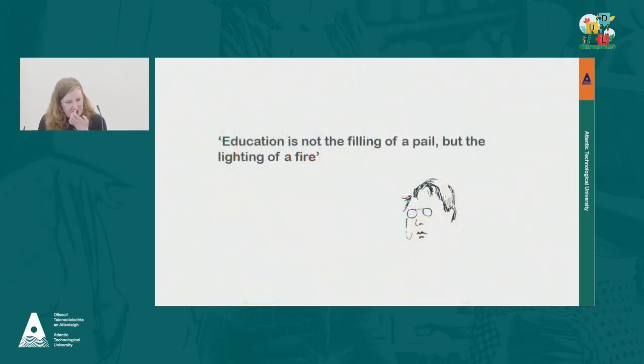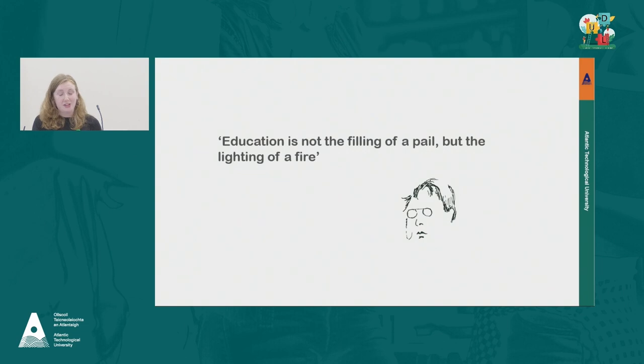I just wanted to finish off on this quote because I think it's a nice, simple way of summing up education, especially in the digital era and the contemporary era. And I also like the fact that I recently found out that this is misattributed to Yeats. It's not actually a Yeats quote, which I think makes it even more appropriate that, through UDL, we're trying to empower our students to be active participants in their education and to interrogate their learning.